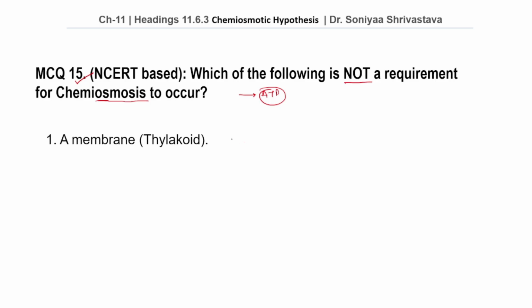The membrane separates the lumen from the stroma and prevents protons from simply diffusing away. Without a membrane, no gradient can be maintained. This is essential in chemiosmosis. Therefore, this is the wrong option.